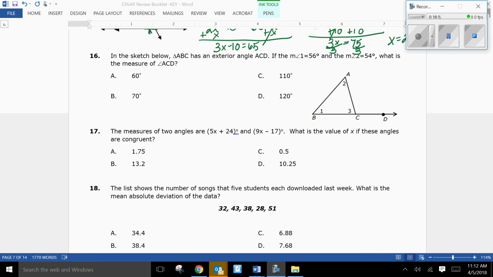In the sketch below, triangle ABC has an exterior angle ACD. If the measure of angle 1 equals 56 degrees and the measure of angle 2 equals 54 degrees, what is the measure of angle ACD? Okay, so if you remember, once again, that if I rip off this corner and this corner, it'll actually fit into this outside corner.